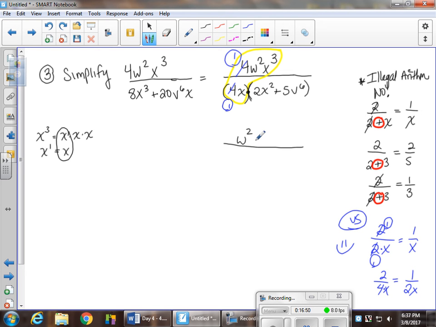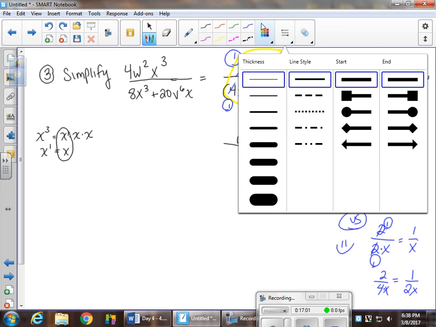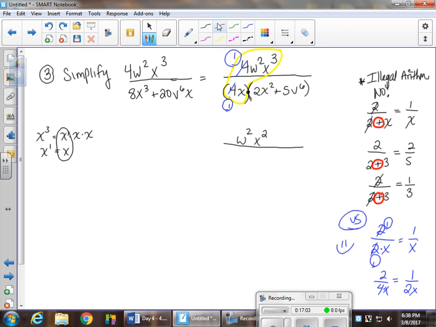That's going to leave 2 x's in the numerator and none in the denominator. So there's none left in the denominator, and there's only 2 left in the numerator. Then this term was untouched, so it stays. 2x squared plus 5v to the 6th, and we're done.